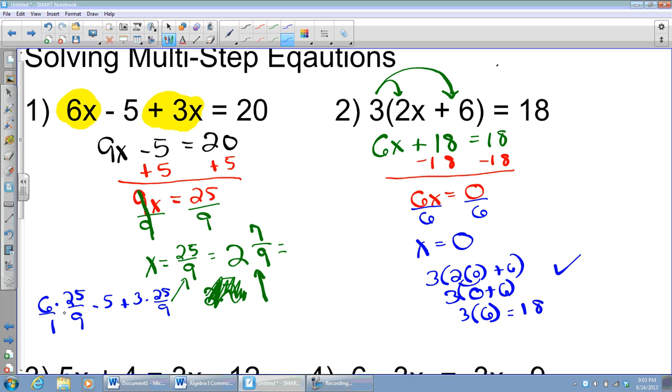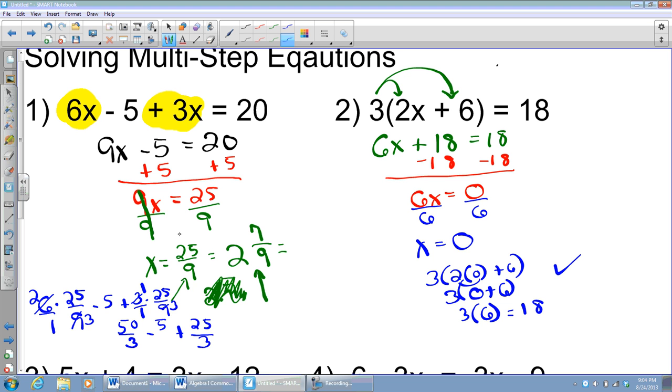I normally simplify first, but I'll go ahead and simplify. I'm going to reduce the fraction 6/9 and turn it into 2/3. And so I'm going to get 50 over 3. I still have this minus 5. And here I'm going to reduce the fraction 3/9, turn it into 1/3. And so I'm going to get plus 25 thirds.